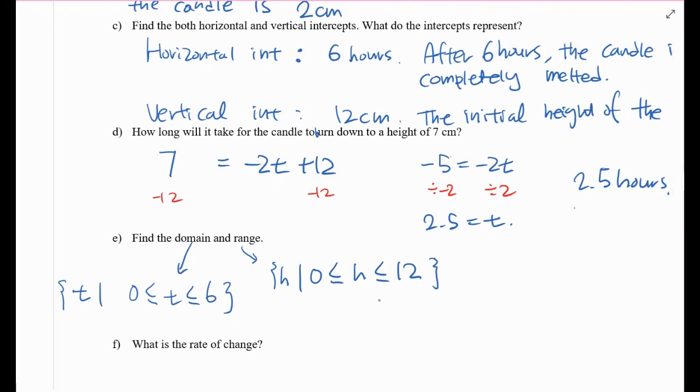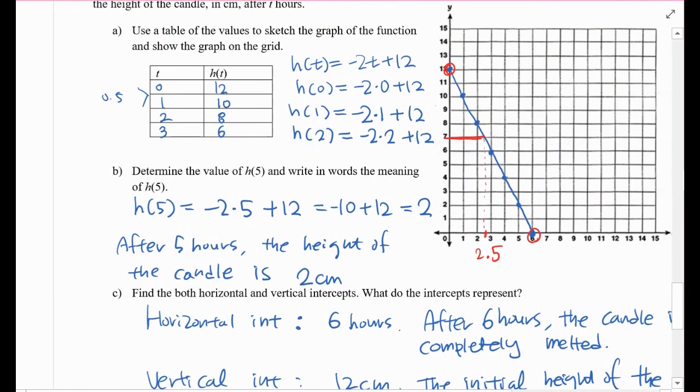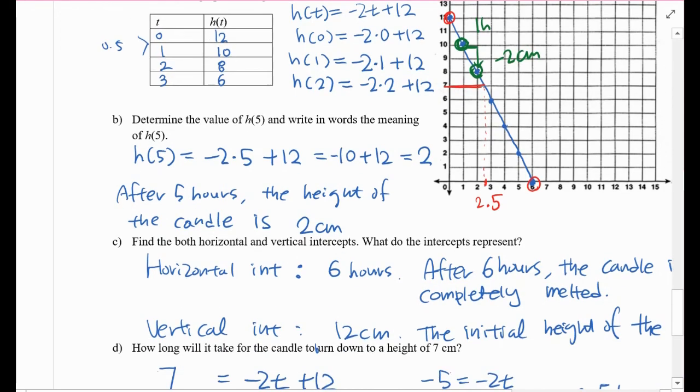Okay, what's the rate of change? To find the rate of change, we choose 2 points, 2 easy points. Any points can be chosen. So I'm going to choose those 2 points. If we move from this point to this point, the number of hours increased by 1 hour, and the height decreased by 2 centimeters.